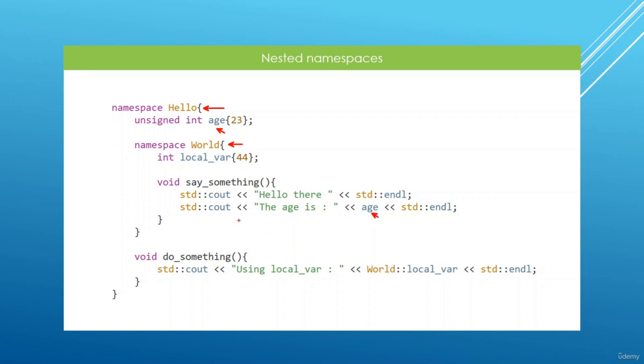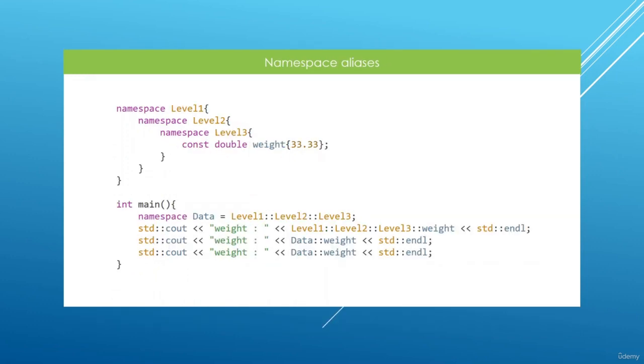But the reverse is not true. For outer namespaces, we have to go through namespace names to have access to things we declared in inner namespaces. For example, to access the local var here, we have to go through the world namespace, and you have to remember this.